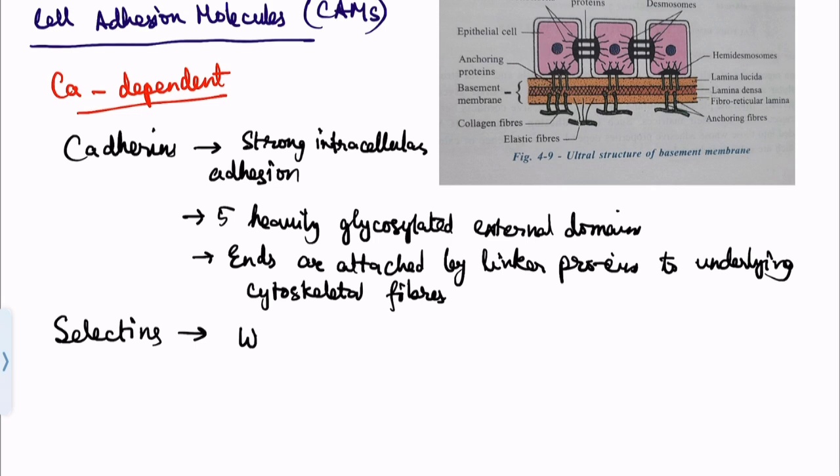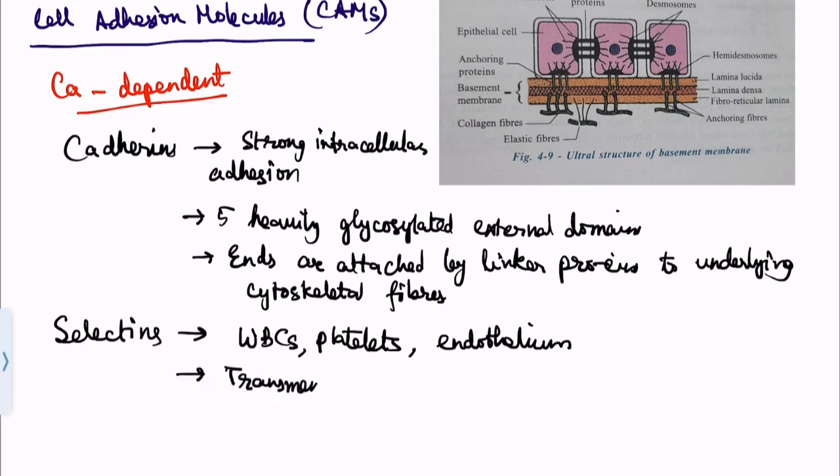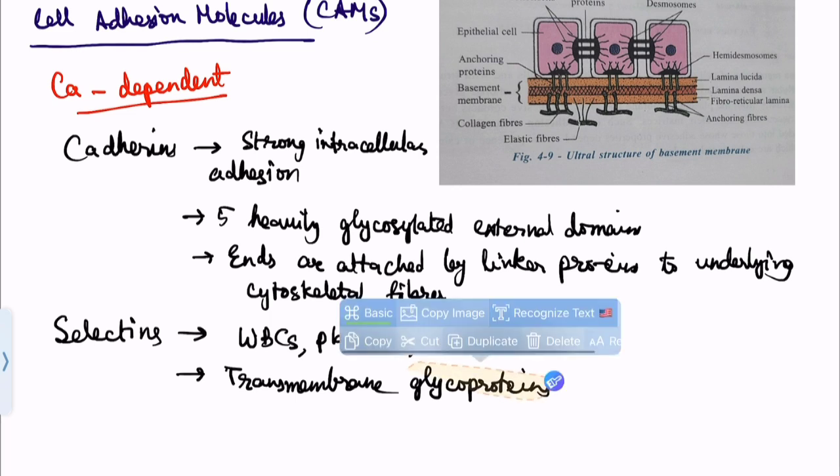They are found on leukocytes, platelets, and endothelial cells. Transmembrane lectin glycoproteins.